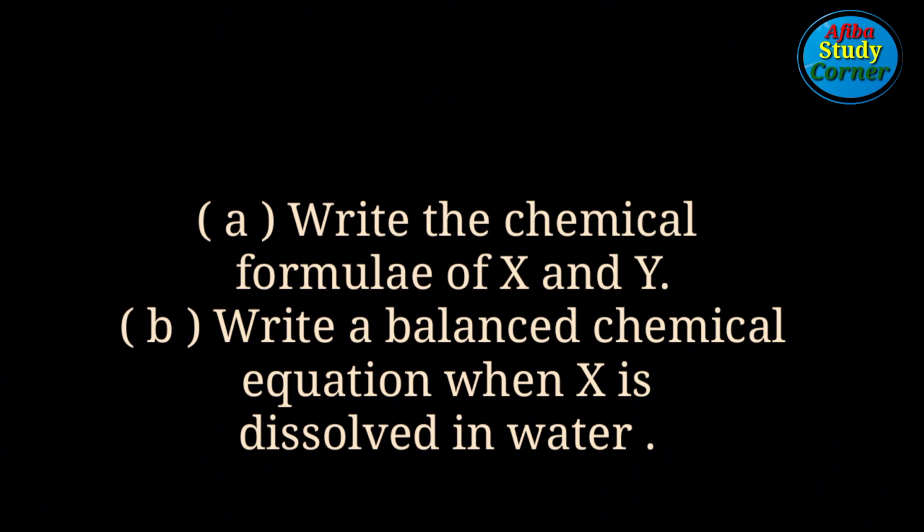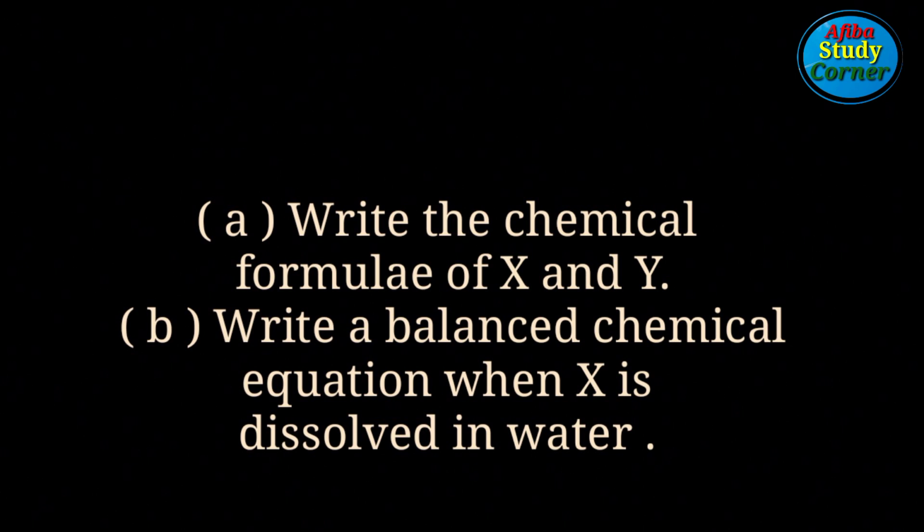The first question, we know that it is the reaction of burning of magnesium ribbon. That means magnesium reacted with oxygen to form magnesium oxide, which we already studied in our first class. And the second question, we know that instead of oxygen, magnesium reacted with nitrogen.